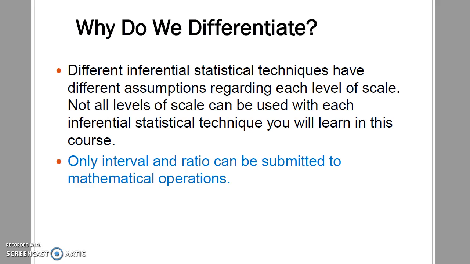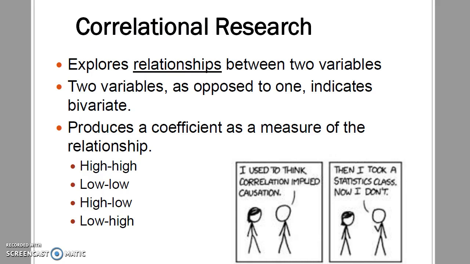The dichotomous is basically nominal data that has only two values, yes or no, male, female, that type. So let's go further and look at correlation research. Once again, it explores the relationship between two variables. Two variables as opposed to one indicates bivariate. Now your relationship could be high, which means the more I exercise, the more weight I lose.